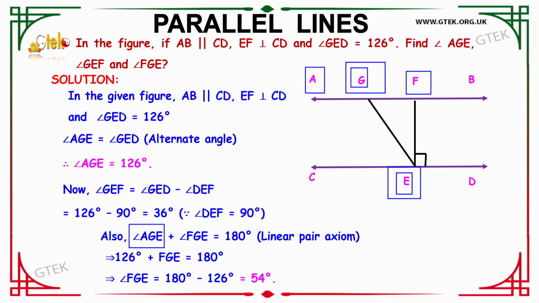Since we know the value of AGE, we can substitute it as 126 degrees. In order to find FGE, we can take this 126 degrees to that side, it will become minus 126 degrees. On subtracting, we will get the angle FGE, which is 54 degrees.